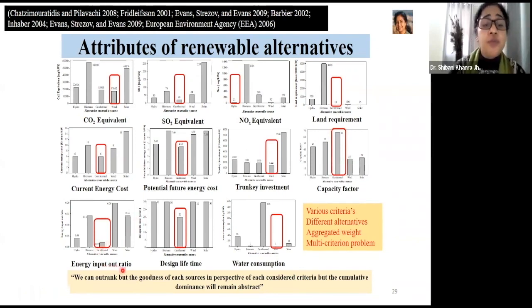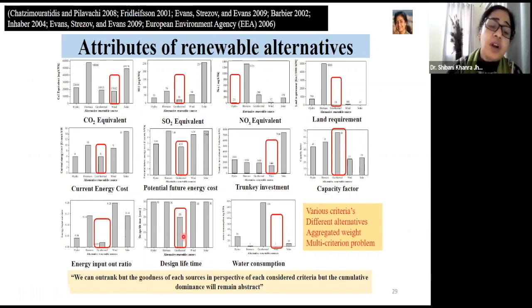The energy input-output ratio is again lowest, which is the desired aspect in evaluating a particular alternative. Design life is considered mostly 20 years, because it is not well established in the global scenario. There are certainly major plants which are currently in active phase, but still a few plants considered 30 years, and a few 20 as well.